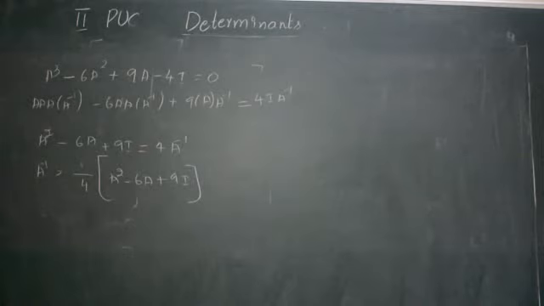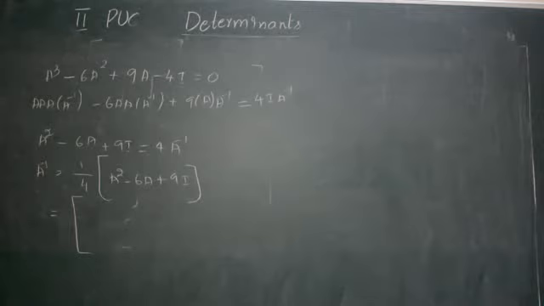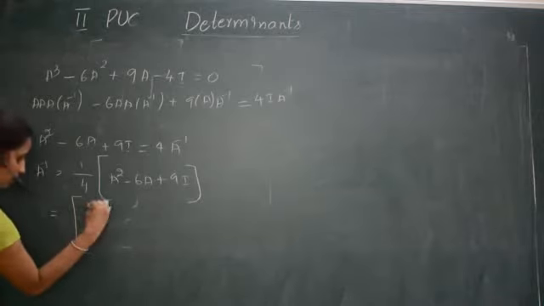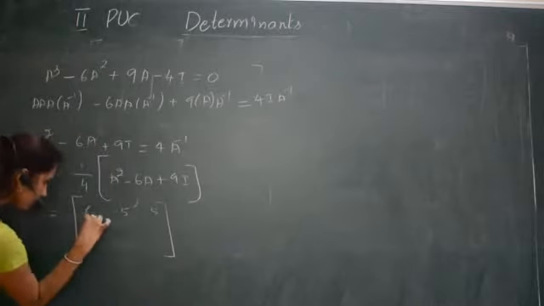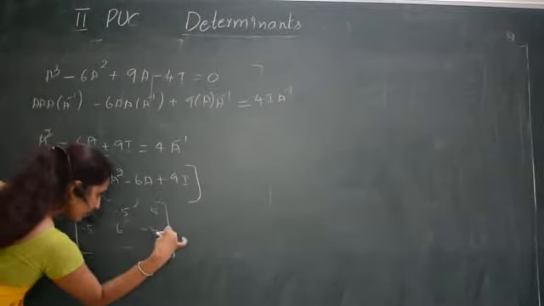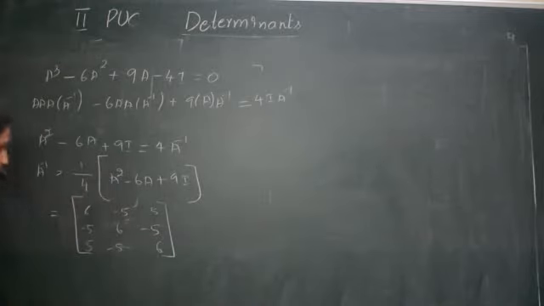So next we substitute the values. What is A square? A square we have calculated already. A square value will be 6 minus 5, 5; 6 minus 5, 5; then 5 minus 5, 6; 5 minus 6, minus 5.